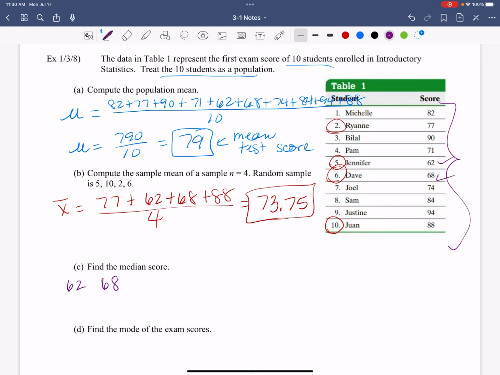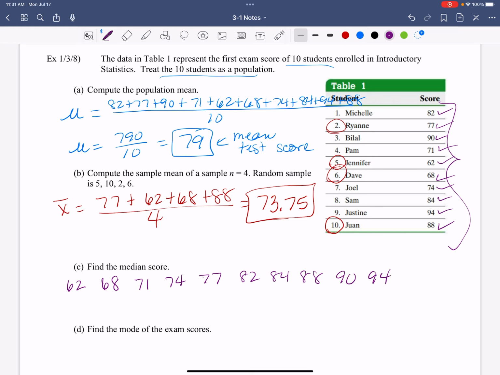Then 71, 74, check me, make sure I'm doing this right, 77, 82, 82. Yep, I saw that 84 and it got me looking again, but 82, 84, and then I think 88 is the next one, right? And then I'm in my 90s, a 90 and a 94.